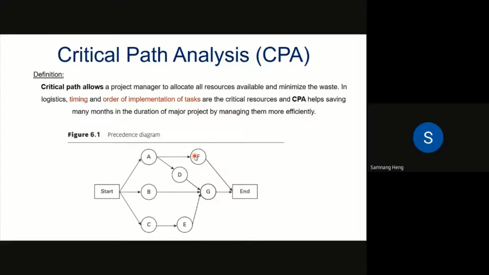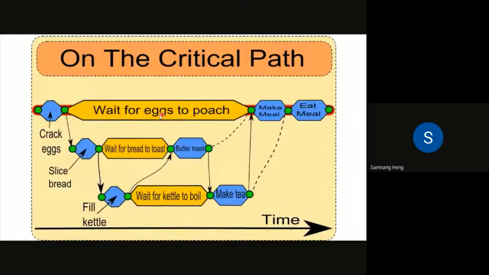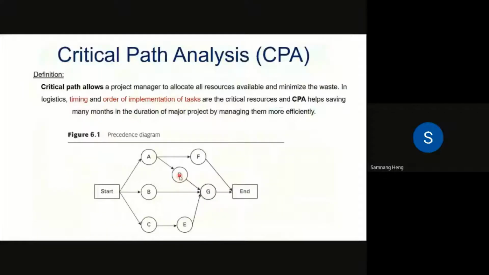Yeah, you should remember timing and order of implementation of tasks. Which one should go first? That's critical path. Any task that takes a long time to get done, you need to start first. Tasks D and F require A to get done, so you need to start A first, right?